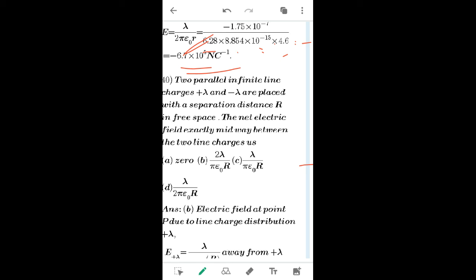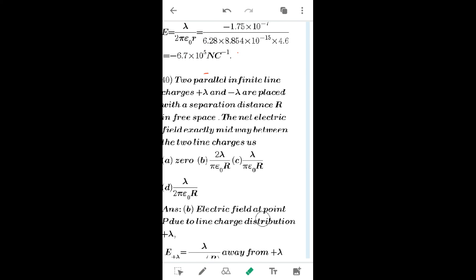Okay, so epsilon naught value is 8.854 into 10 raised to minus 12, and here it is millimeter, 4.6 into 10 raised to minus 3. So minus 12 and minus 3 I have added, so we got here 10 raised to minus 15. So don't get confused here. So the answer you'll get is minus 6.7 into 10 raised to 5 Newton per Coulomb.